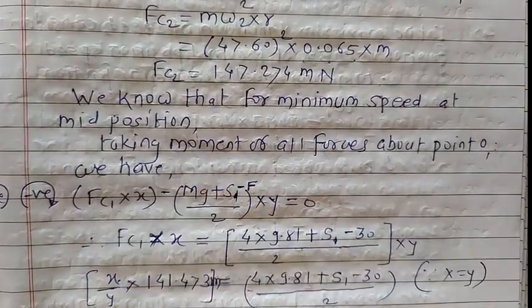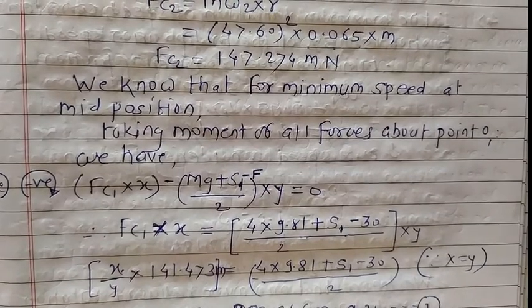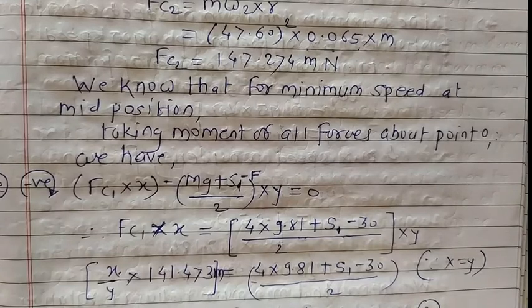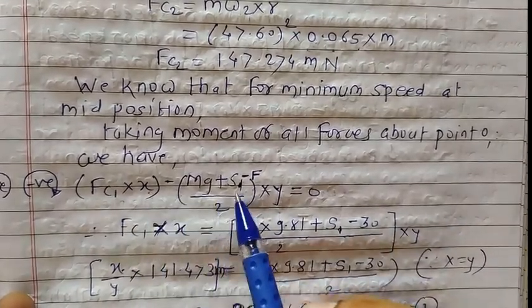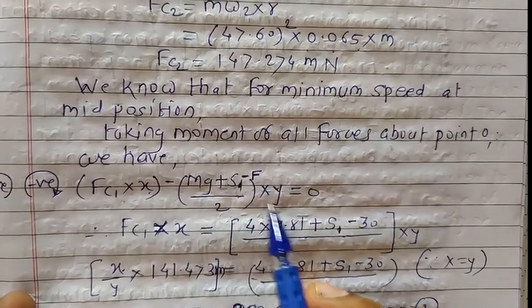So for the minimum speed at the mid position, take the moment of all the forces about point O by considering the minimum position. Fc1 multiplied by x minus, mg plus s, minus f divided by 2, multiplied by y.